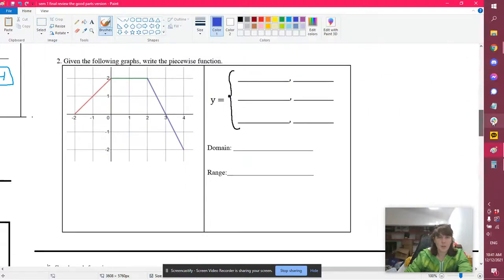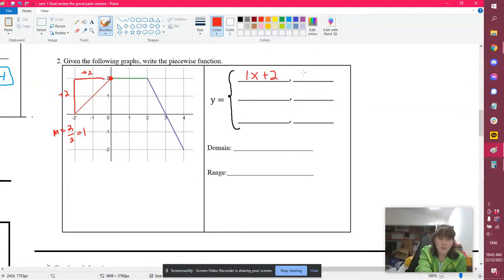Great, now we're going to kind of do the opposite, where they give us the graph and I want to write the equation. For the red one, I am going to find the slope. I went up 2 and over 2. So my slope is 2 over 2, which is 1. My y-intercept is 2.